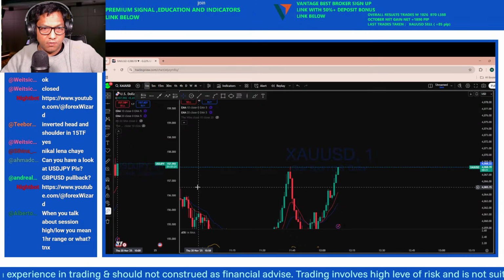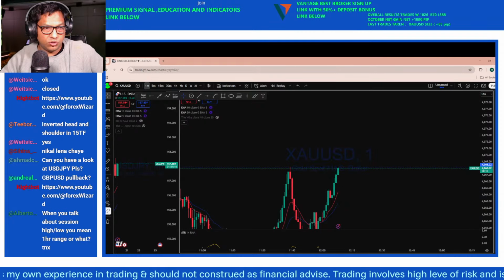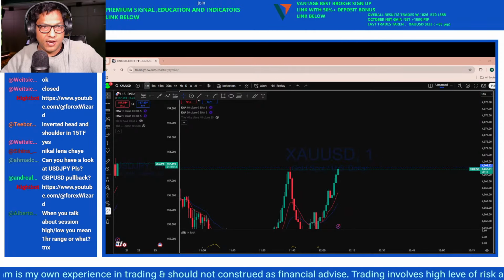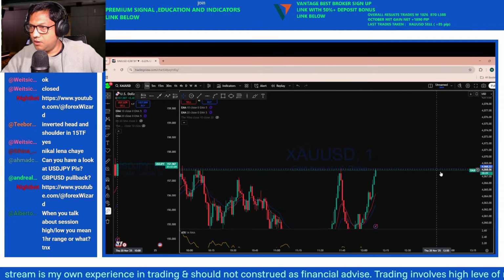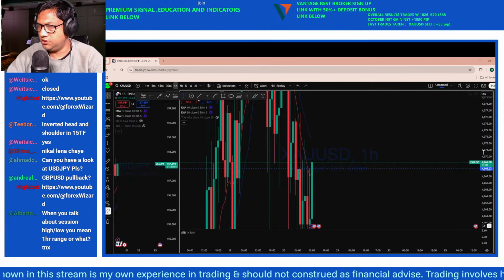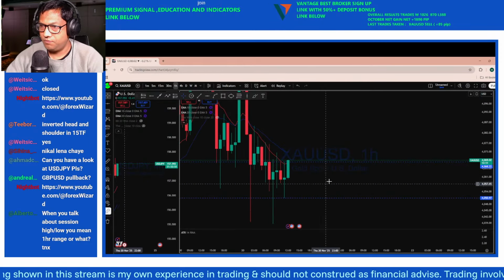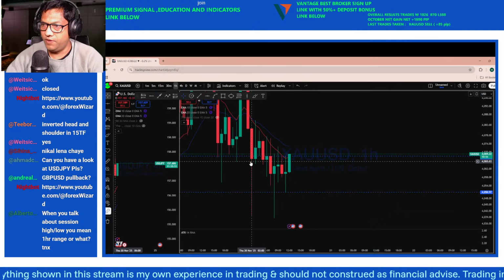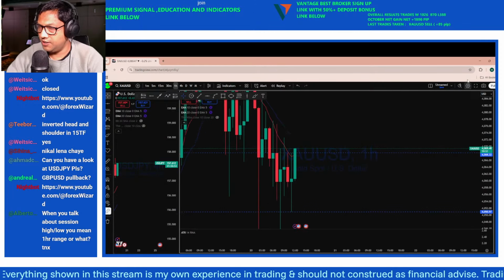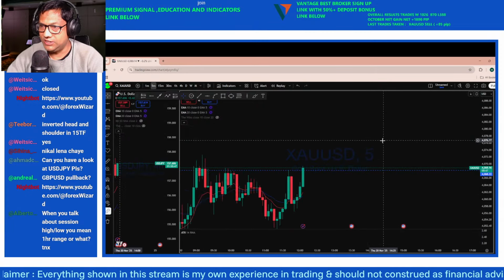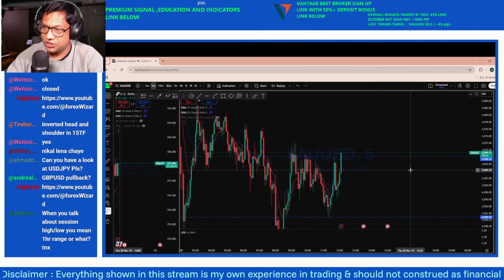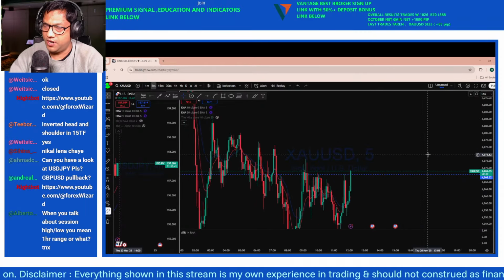When you talk about session highs and lows, it means the 1 hour range. So this is what we can see. If you look at here, this is the 1 hour price action, and that's a very sideways market. In this kind of market, it's going to be very hard to see a clear direction in one move. So it might just go a lot up and down.